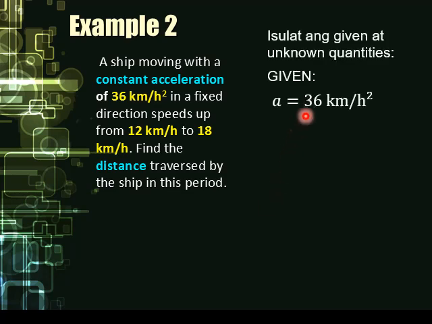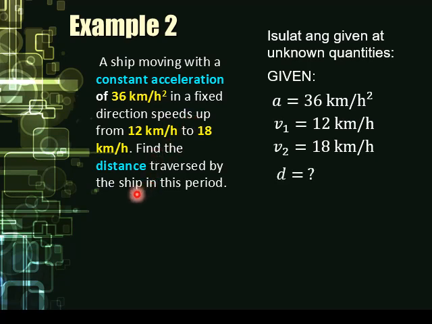Yung acceleration natin is 36 kilometers per hour squared, yung initial velocity natin is 12 kilometers per hour, and the final velocity is 18 kilometers per hour. Sabi dito, fixed direction, kaya yung speed natin is the same as the velocity. Pinapahanap sa atin yung distance traversed by the ship in this period.